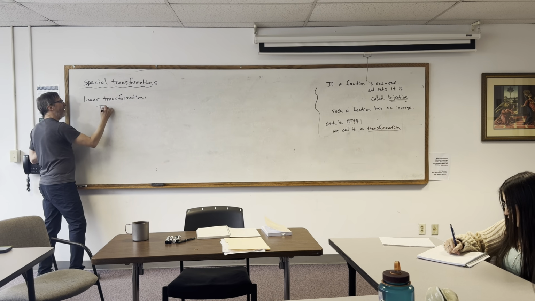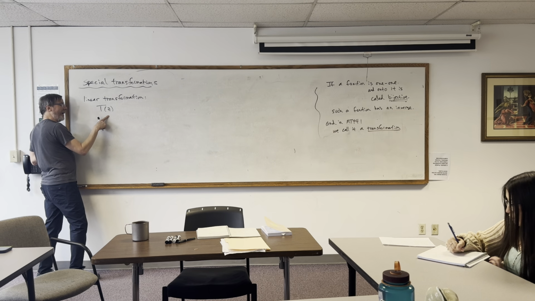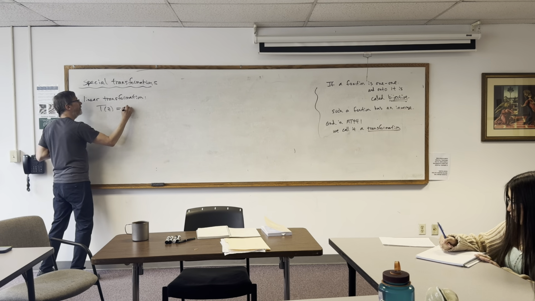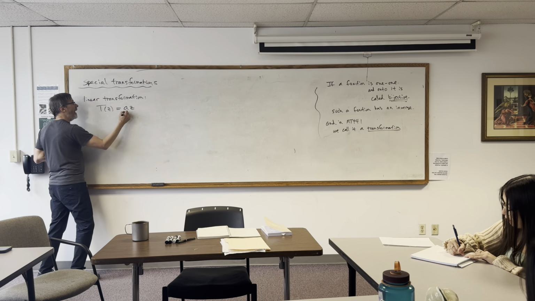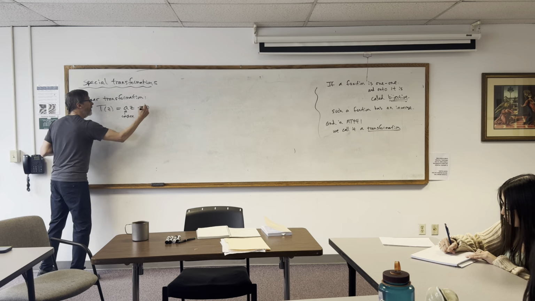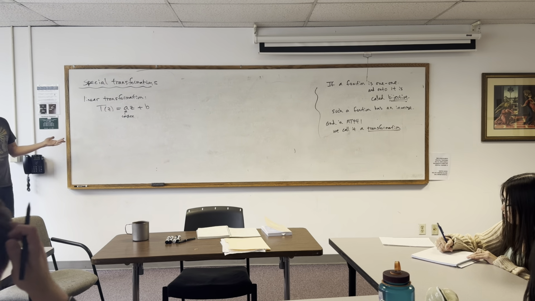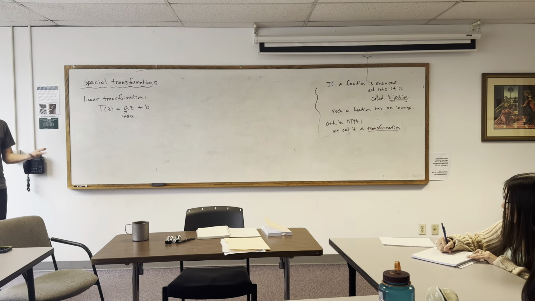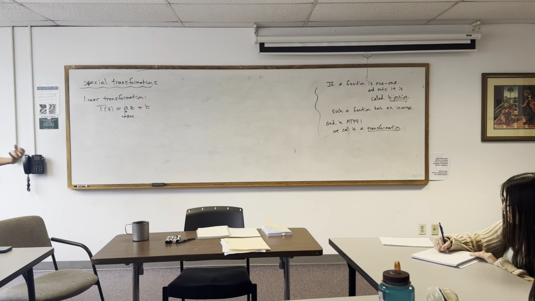And that is a function T of z that takes a complex number z, multiplies it by a complex number, so a is complex, and adds a complex number to it. Really simple, about as simple as you can get. You're multiplying by a constant and you're adding a constant.